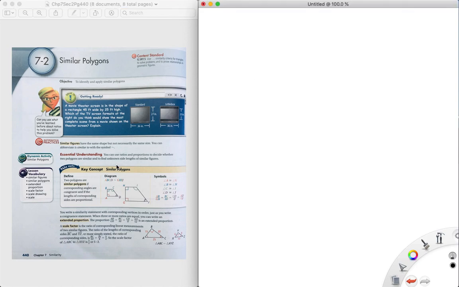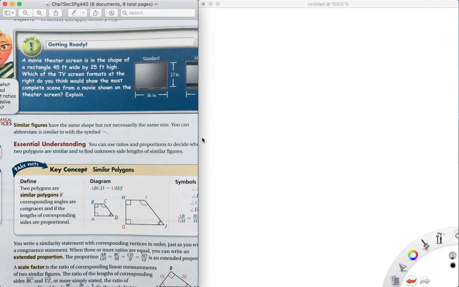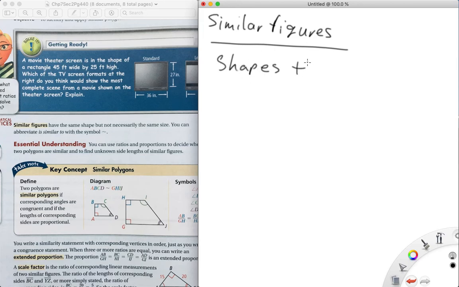Alright, similar polygons. Alright, so similar figures are figures or shapes that are the same, but not the same size.